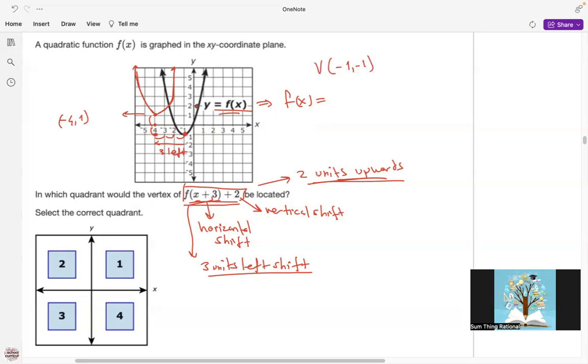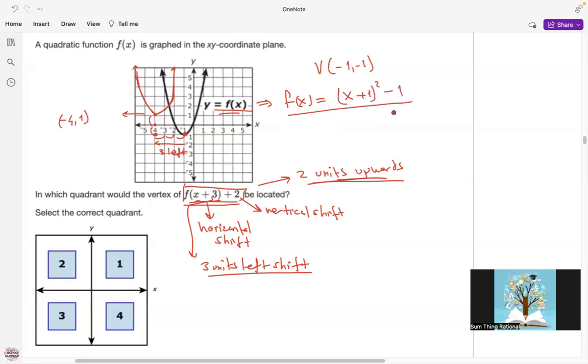We consider f of x equal to x squared from the parent function, with the vertex at negative 1, negative 1. So x minus negative 1 becomes x plus 1, squared, minus 1. So my original graph is this.